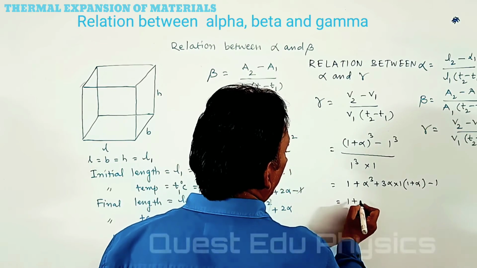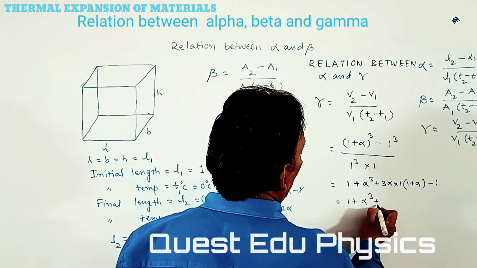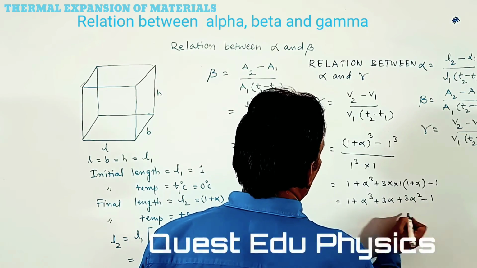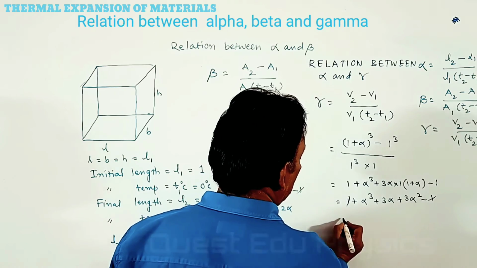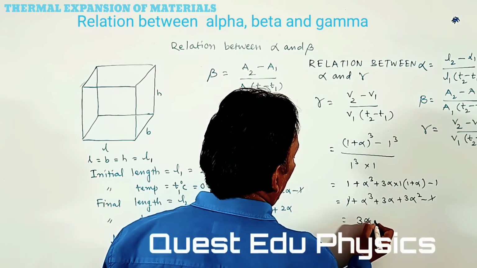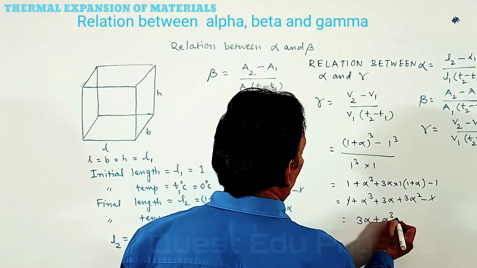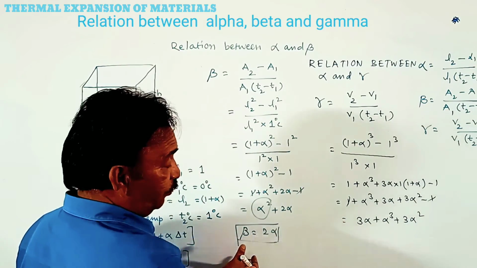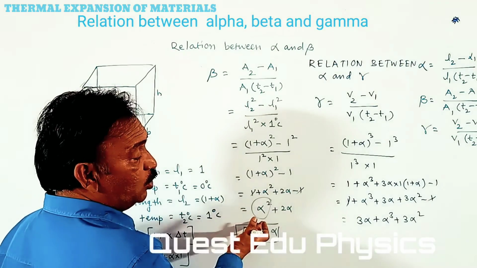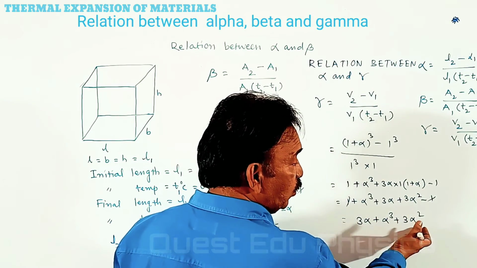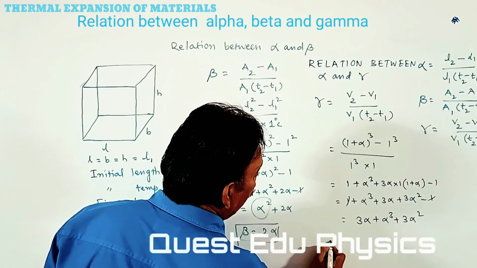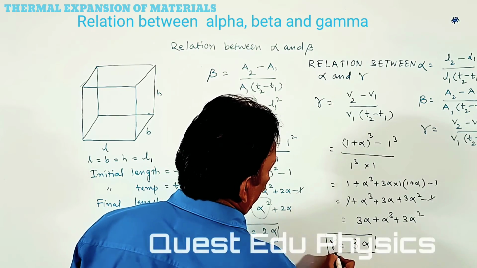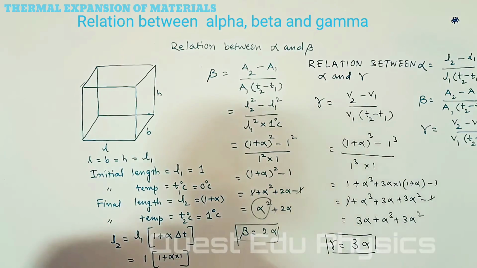And it can be written as 1 plus alpha cube plus 3 alpha plus 3 alpha square minus 1. Here 1 gets cancelled, and we get 3 alpha plus alpha cube plus 3 alpha square. Here what we did, we neglected the higher power, students. Alpha cube and 3 alpha square being neglected, and we got gamma is equal to 3 alpha.